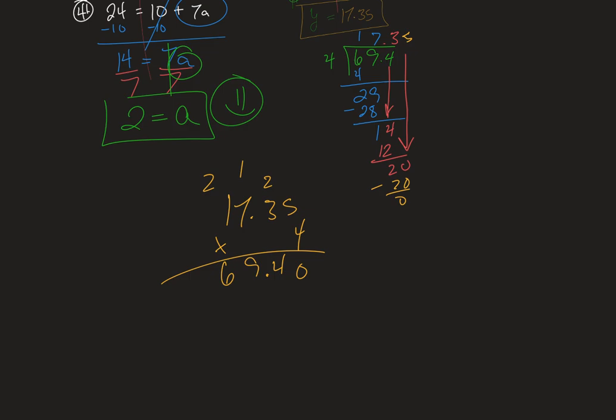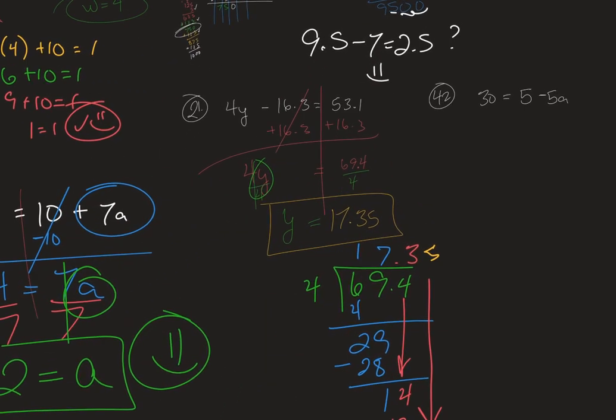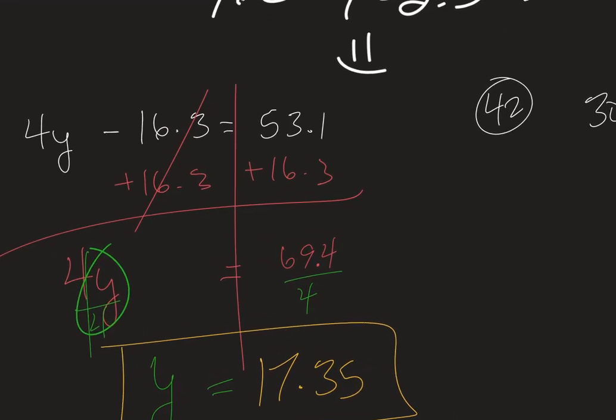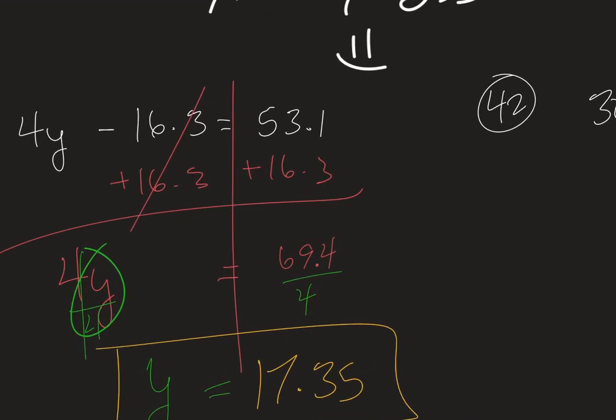We get 69.4. And does 69.4 minus 16.3 give you 53.1? Yes, it does. And if you're wondering how I knew, it's because if you were to add these two, you get that. I'm sorry, when you subtract them, you get that. So when you add these, you get the idea.